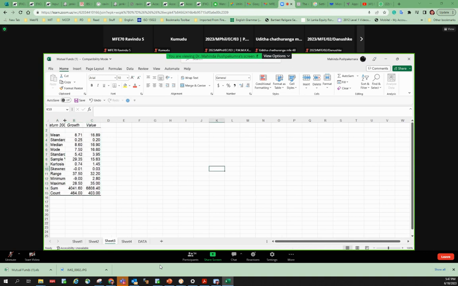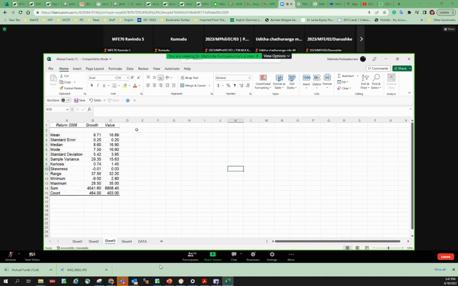Okay. Then we have the mean related to growth fund, the mean related to value fund, and standard error, median, and mode, and standard deviation.